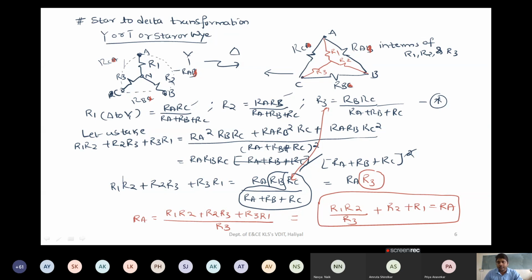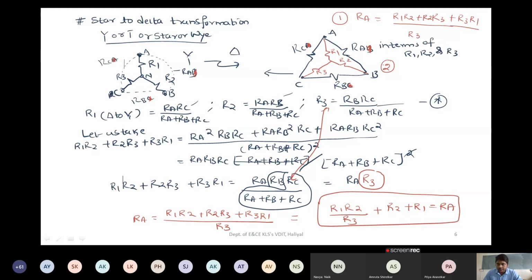If I want to calculate RA, in the denominator I get its opposite resistance value, that is R3. First method: go clockwise with the multiplication of two resistor terms, R1 into R2, R2 into R3, R3 into R1. So you take R1 R2 plus R2 R3, then R3 R1. This is one way of remembering.